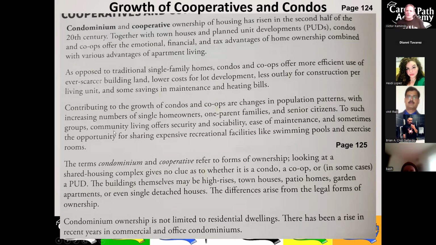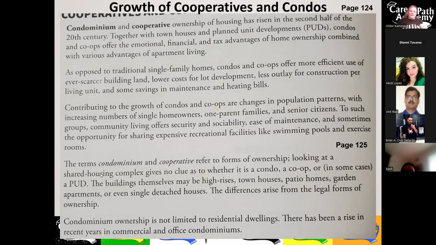To such groups, community living offers security and sociability, ease of maintenance, and sometimes the opportunity for sharing recreational facilities that you wouldn't be able to otherwise afford in your single-family house, like in-ground swimming pools and exercise rooms and maybe a pool room for playing billiards, or meeting rooms, or IMAX movie theaters and tennis courts and things of that nature. You may not even have the room for that in your single-family house, right?